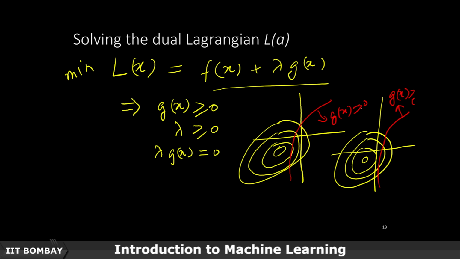If you look at the first case, which we already looked at, the ideal solution will be tangential to g(x) equal to 0.